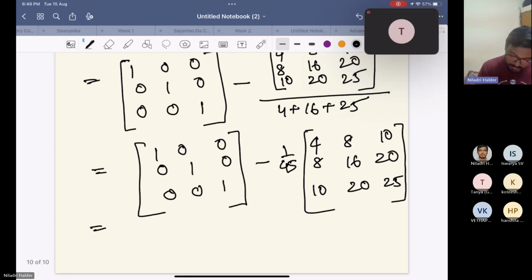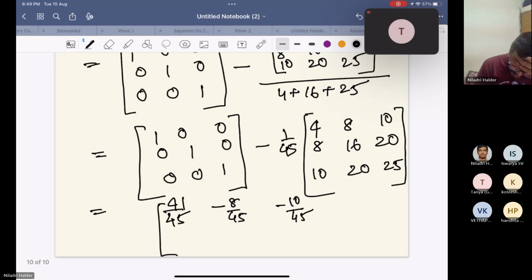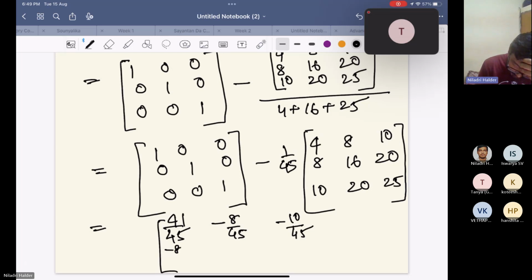So it will be 1 minus 4 by 45, that means 45 minus 4, 41 by 45. If you calculate properly, 45 by 45, then 0 minus 8 by 45, then minus 10 by 45, and 1 minus 16 by 45, 45 minus 16.